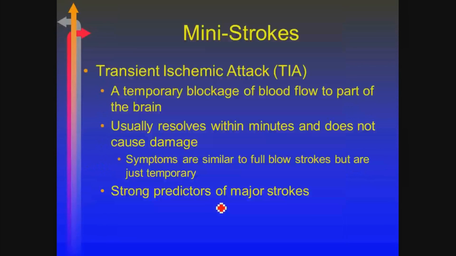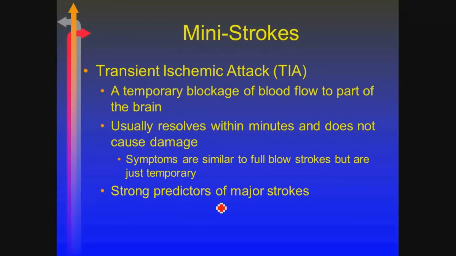Just another picture there. There are things called transient ischemic attacks, TIAs, that often precede a major stroke. These are areas where, for whatever reason, the blood flow is reduced, but then it's reperfused again.